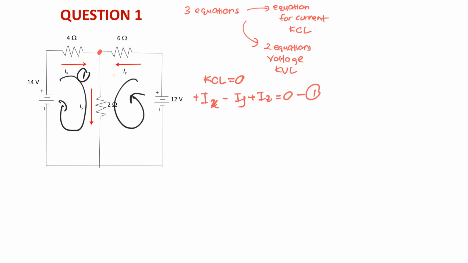This is my first loop and this is my second loop. That is the reason I am going to get two equations: because there are two loops. If you have three loops, then you are going to get three equations, which means there will be a lot more unknowns, maybe six. Here you have only three unknowns.